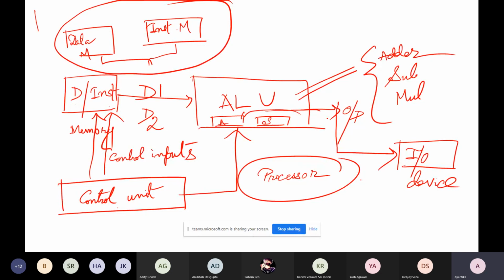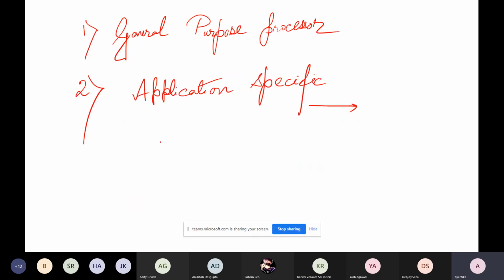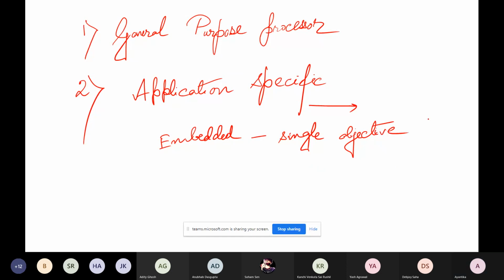There we also get the definition of embedded devices or embedded applications, which says that embedded applications are not related to multiple objectives. No, they are very specific to a single objective. Most probably we talked about this part in the previous class also. So when we are talking about a single embedded processor, we are talking about a single objective processor.